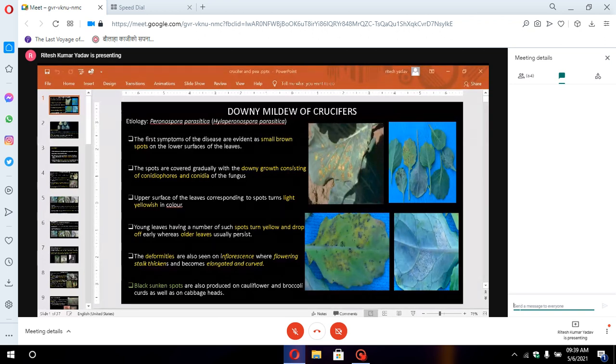And of course, this pathogen is also systemic, so it can also cause infection on the heads, the inflorescence, or the curd of cabbage, cauliflower, broccoli, and so on. There are so many crucifers. They can cause some kind of deformities. They can induce hypertrophy and hyperplasia. That's why the peduncle or the floral stalk is usually thickened.